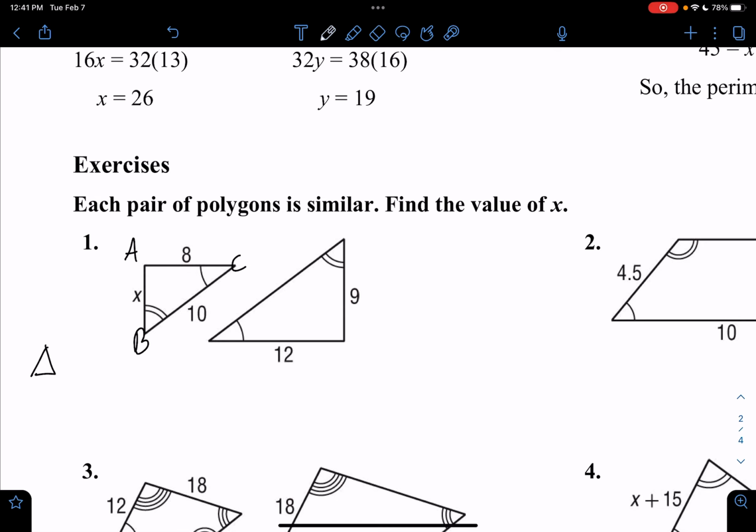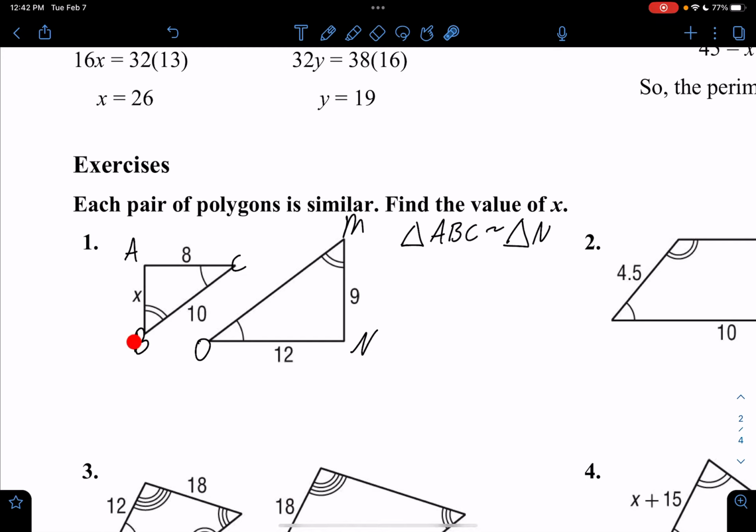I can just use other letters here: let's say N, M, and O. So I see A, no marking, so angle A is going to be congruent with angle N. So triangle ABC is similar to triangle N, because N is the one with no marking.